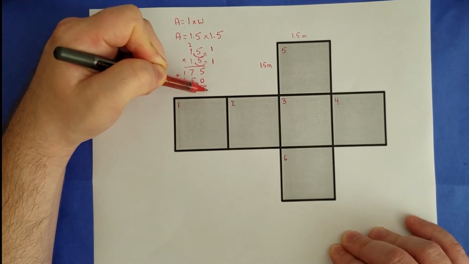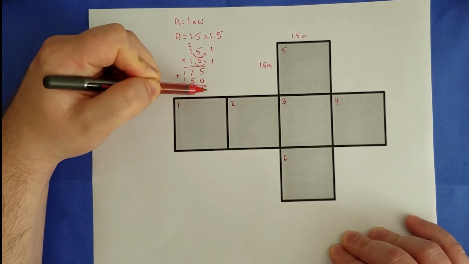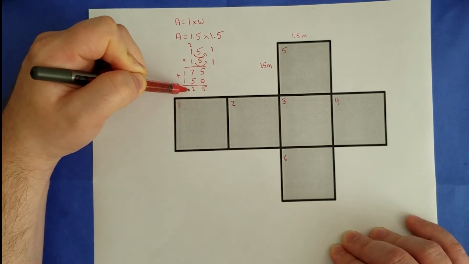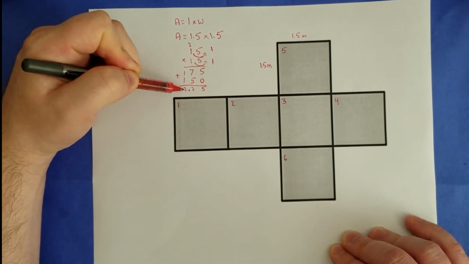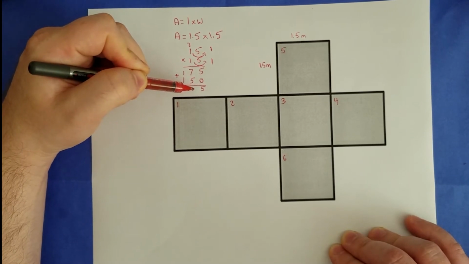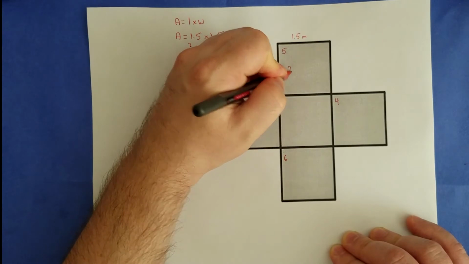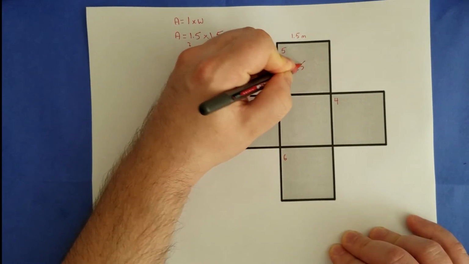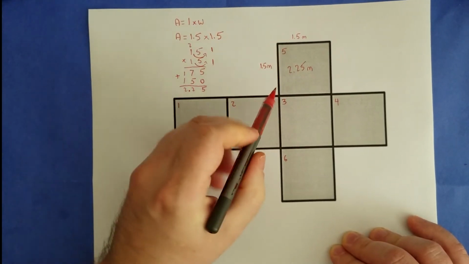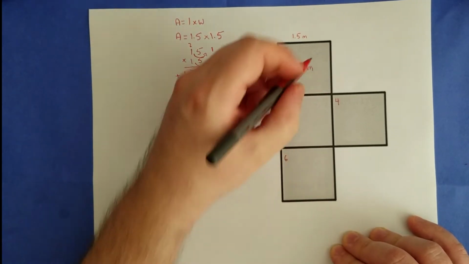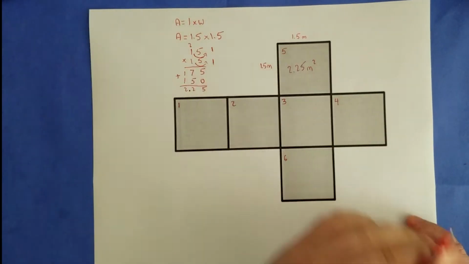Any whole number has the decimal at the end of the number, so moving it in 2 spaces, 1, 2. Now it says 2.25. 2.25 what? Meters. 2.25 meters. And remember, we're dealing with area, so we're talking about units squared.